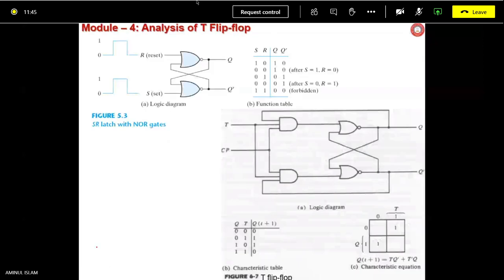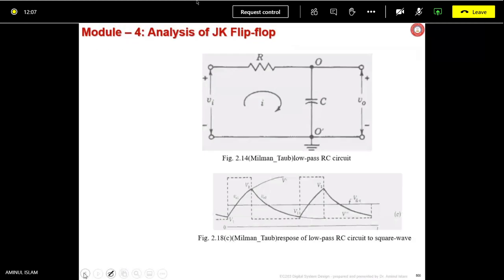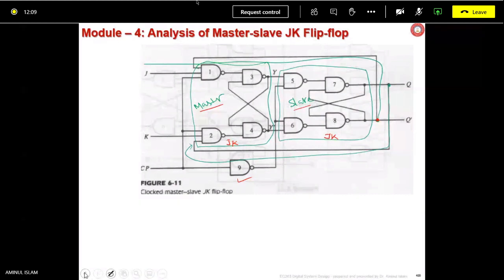Now, what is this? Let us see this. Basic SR latch with NOR gate, its truth table. Here is the T flip-flop. T flip-flop is made from the JK flip-flop. J and K tied together, as you have seen earlier. See, this one is a JK flip-flop.